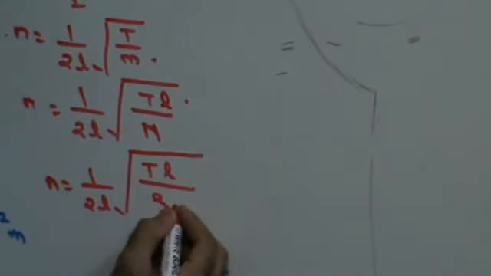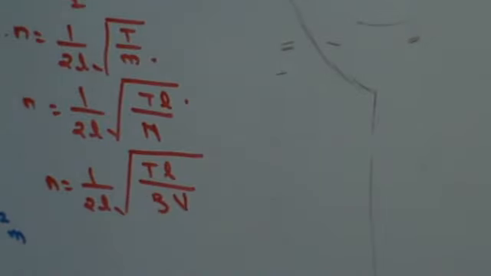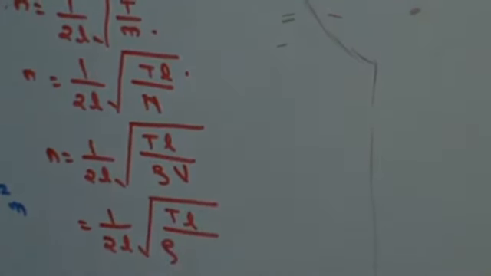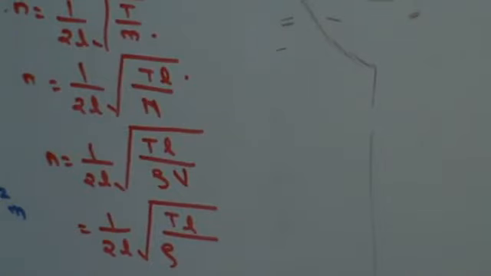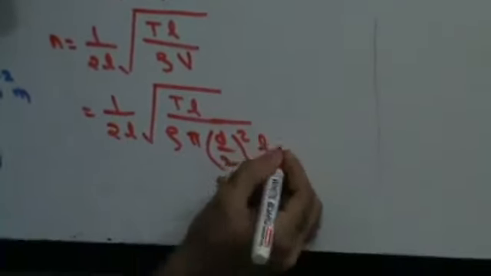Mass is nothing but density into volume, right? Now, this can be written as 1 upon 2L square root of TL upon density, volume. The wire is in the form of the cylinder, so that is going to be pi r square L, but radius is nothing but diameter upon 2, so this is pi diameter upon 2 the whole square into L.